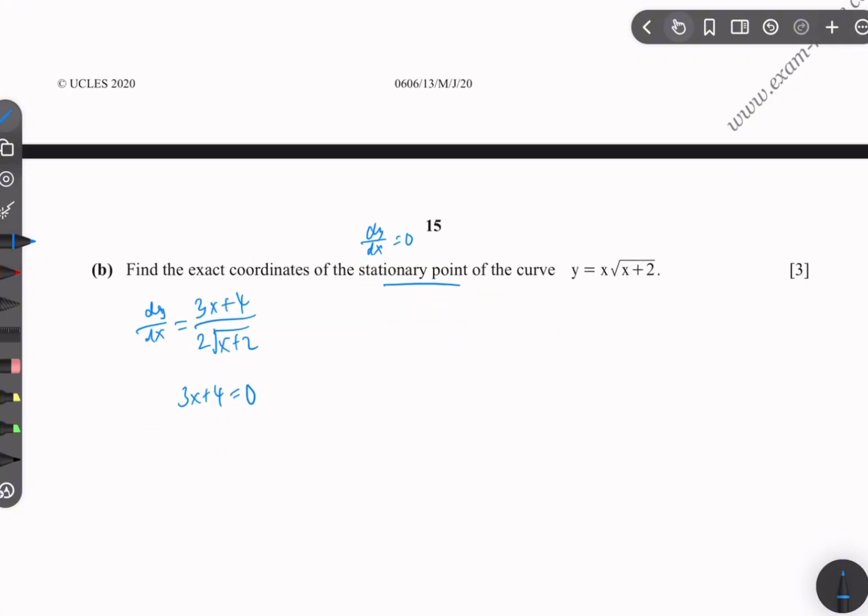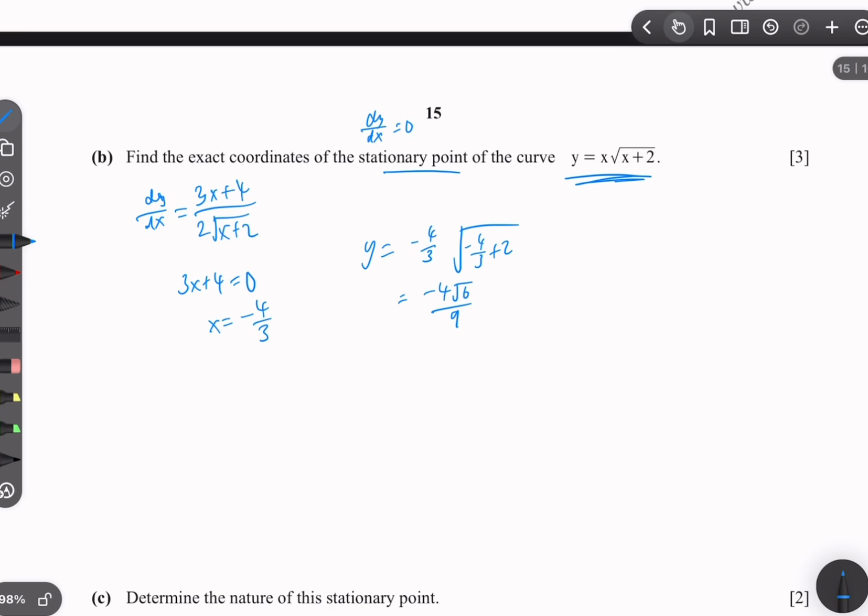I multiplied the denominator by 0, so now it's just the numerator equal to 0. Now that we have the x coordinate for the stationary point, we have to sub this back into the original equation to find the y coordinate. So the stationary point will be this.